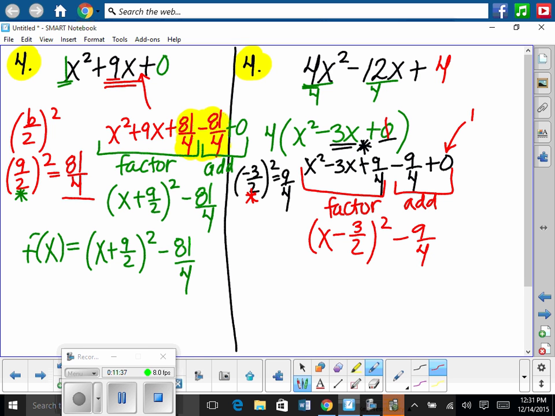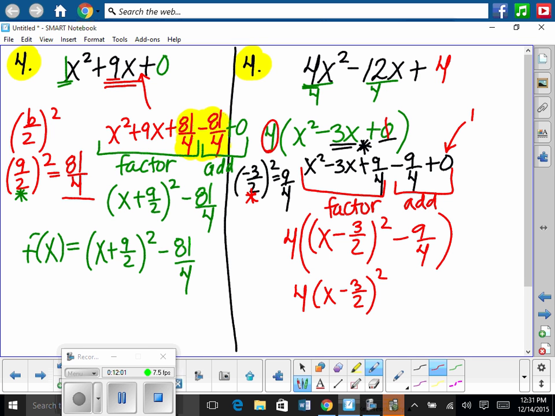And now it's almost in vertex form. We just can't forget about that 4 that we factored out in the beginning. The 4 was factored out of the whole thing, so you've got to go back through and multiply it in. We'll leave the 4 times x minus 3/2, squared, like that, because that's more in vertex form. We don't need to distribute the 4 in.